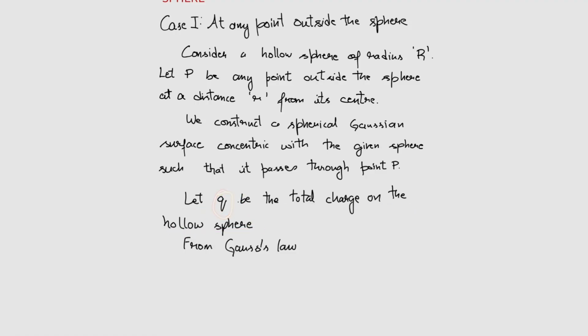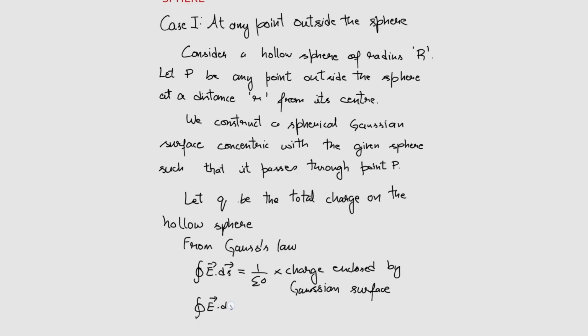The Gaussian surface encloses the total charge Q. Now from Gauss law, the surface integral of E dot ds is equal to 1 by epsilon naught times the charge enclosed by the Gaussian surface. So this becomes the integral of E dot ds equals 1 by epsilon naught times charge Q.